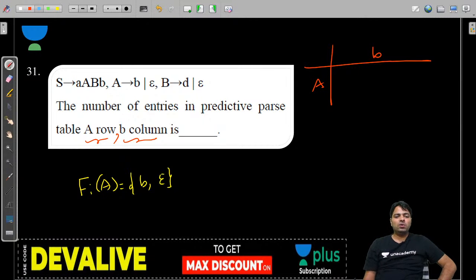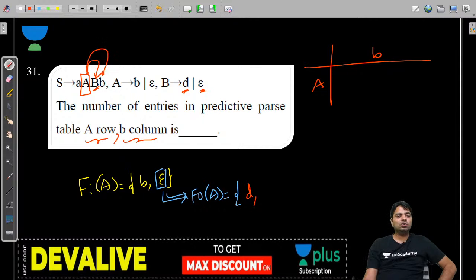So now, because of epsilon, we compute follow of A. If you look at follow of A, you get first of B. B means D here. And when you put epsilon there, you will go to small b also. So D comma B comes. So in the first you have a B, in the follow you have a B. Look at how many productions you get.